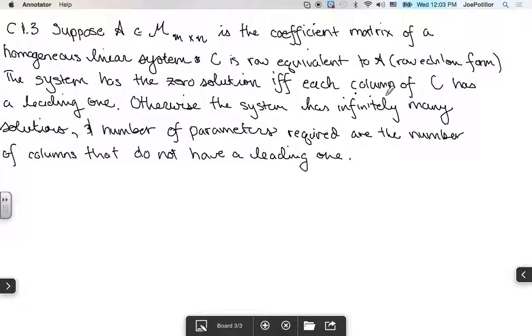Alright. And that's the two theorems that are in section 1.3. Basically, I wanted to cover them because I skipped them in the last video. And so now you should be able to survive the rest of the section.